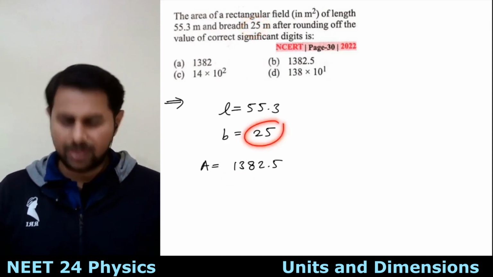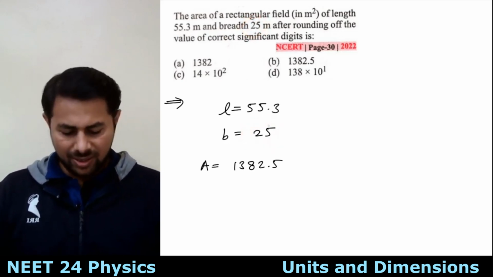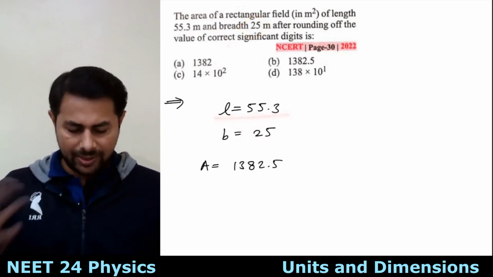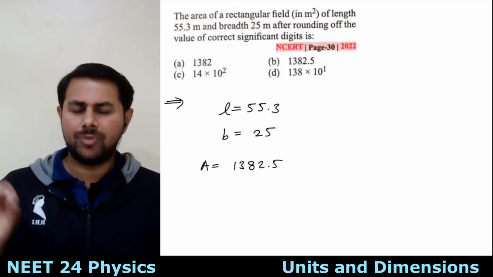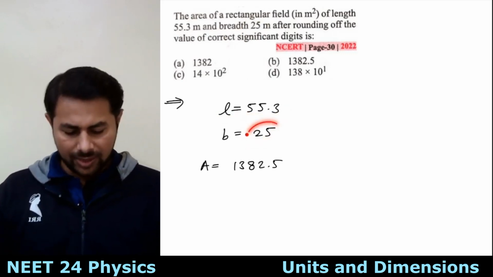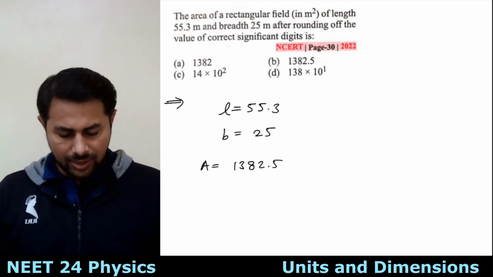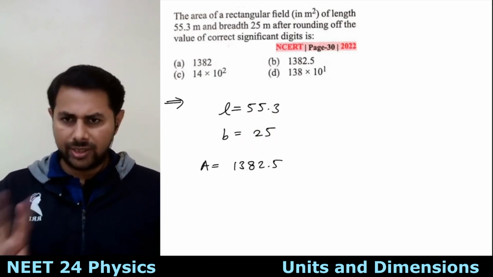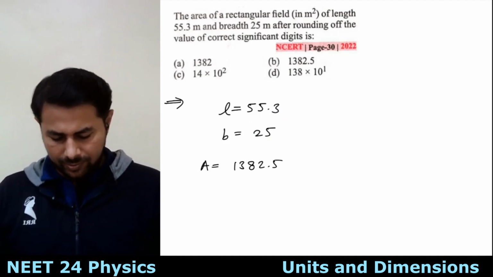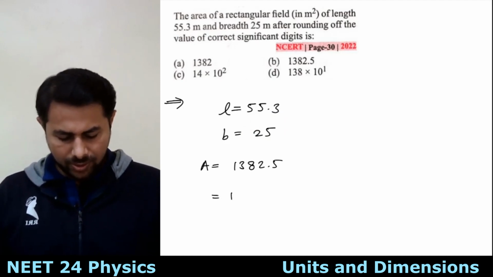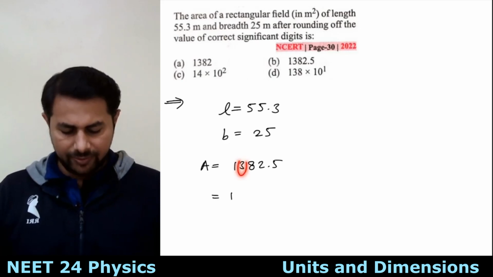So now round it off first to correct number of significant digits. How many significant digits are there? In length there are 3. In breadth there are 2, but we want the least number of significant digits. So that is 2. You need to round it up to 2 digits only. So what will you do? This is the first digit, and the second one here itself.